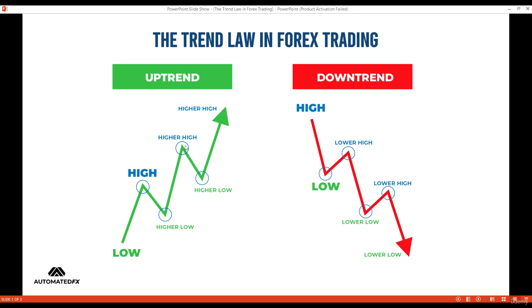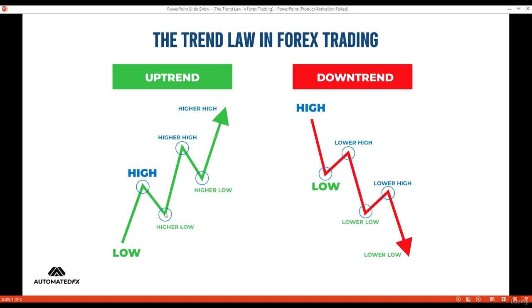Now, the next high or the new high must be higher than the previous high. So in order for it to qualify as an uptrend, this high here has to be higher than this high here, and this high here has to be higher than this high here.